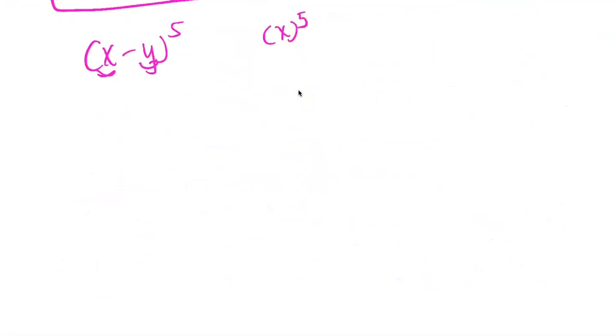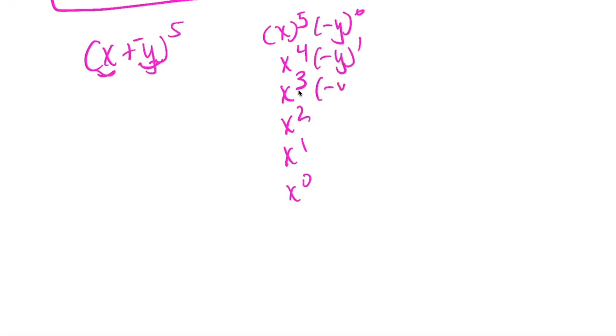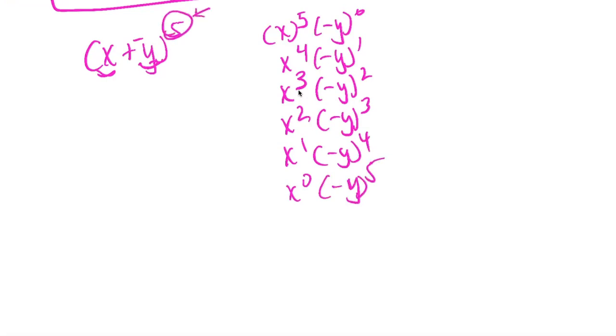So it'll go 5, 4, 3, 2, 1, 0. The second one is plus a negative. So it'll be negative y to the 0, 1, 2, 3, 4. Stop at 5. Go back to this number and go 5 factorial.